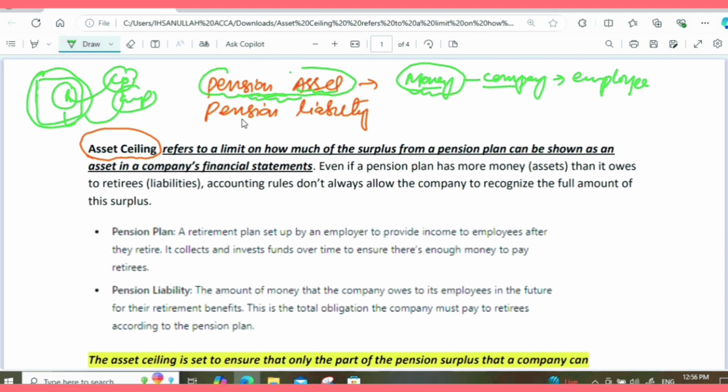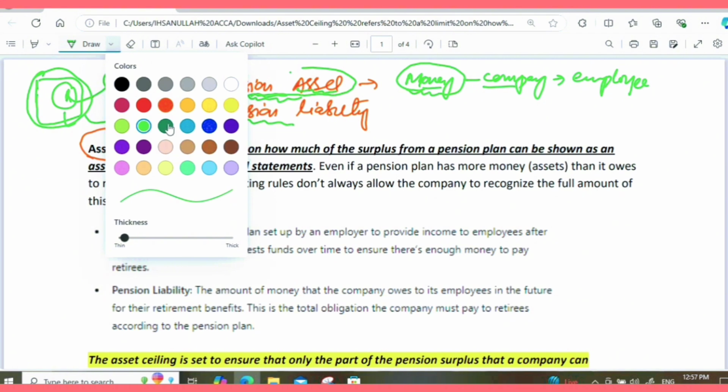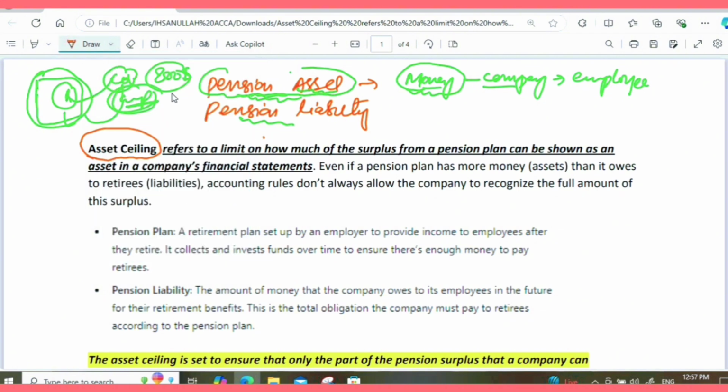Now let's talk about pension liability. What do we mean by pension liability? The amount of money a company expects to pay its employees after they retire, we call that pension liability. Let's say the company has to pay $800 to the employee who will retire, then that amount will be your pension liability.